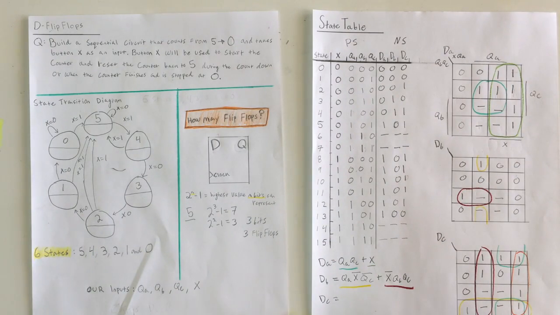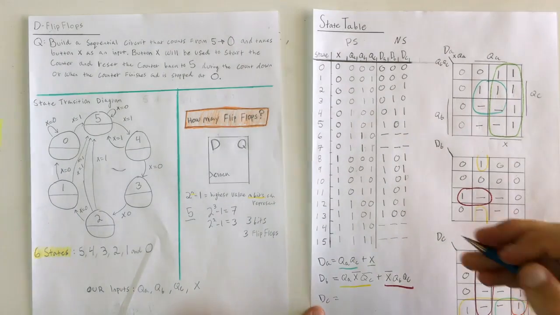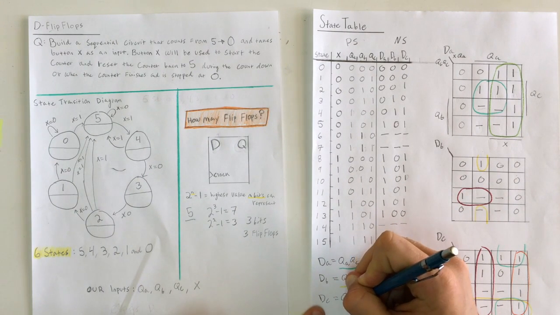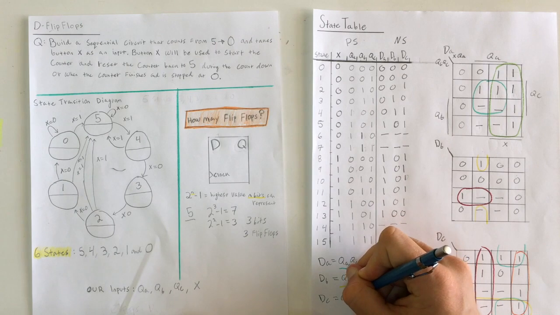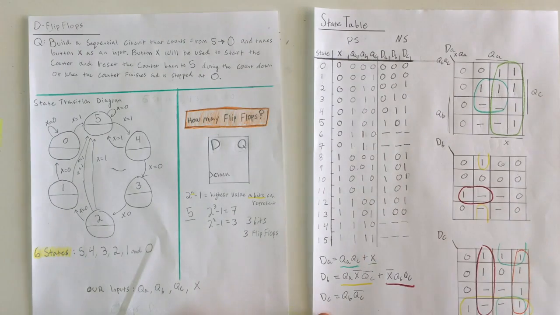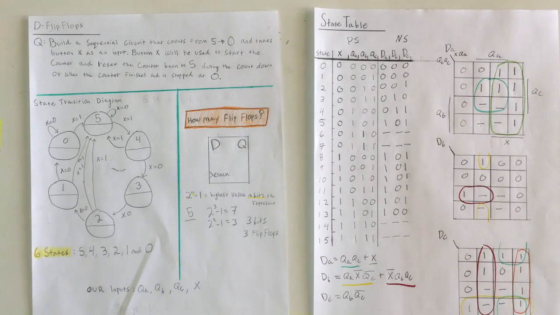So first let's look at this yellow. This yellow would essentially be QB, QC not, for yellow.